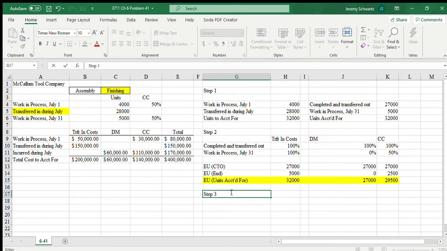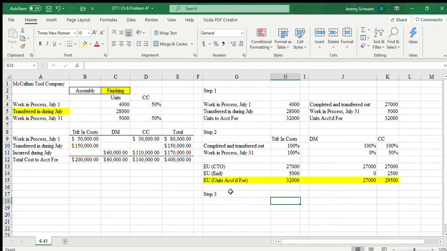So in step 3, we are going to be accumulating costs as we had seen above, and basically we have step 3 essentially calculated or put together as far as the source material over here is concerned.